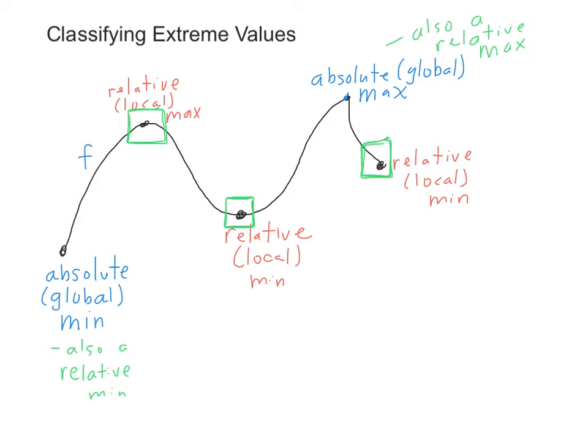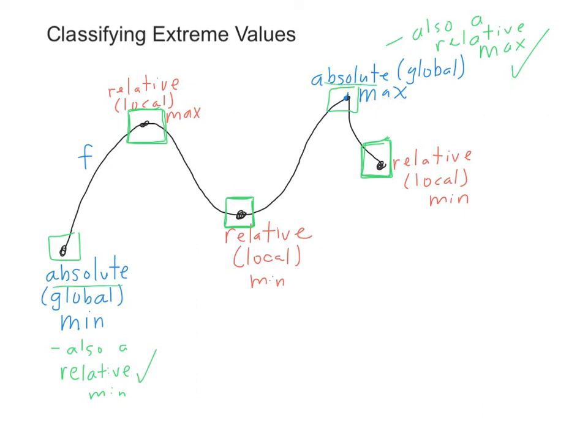Now, if we go back to our absolute min and max points, it is also true that those are relative min and relative max points, right? Within this little neighborhood, that is a relative min, and within this little neighborhood, that is a relative max. But the better way to classify it is to say that they are absolute min or absolute max points.